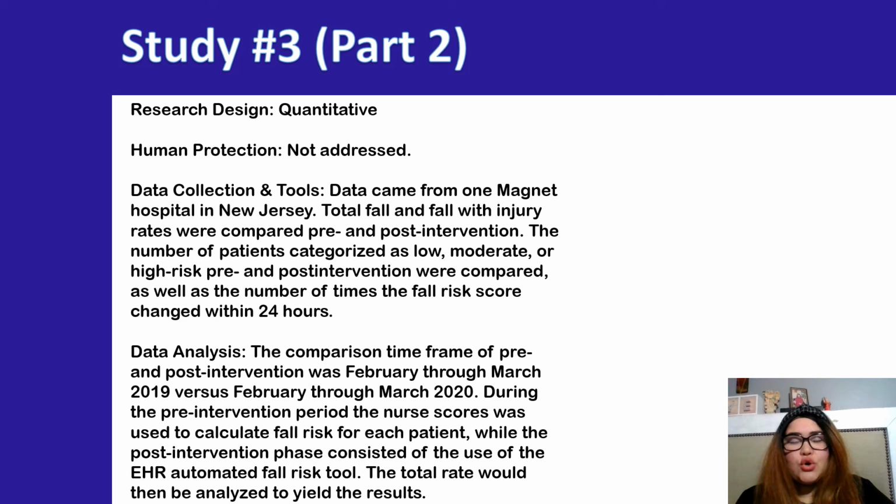It was supposed to be a total of 10-week study, 5 weeks pre by the nurses doing the fall risk assessment, and then 5 weeks post. So in the time frame, the nurses used their original fall risk tool to determine what the patient would fall under, and then 5 weeks later it would be the EHR using the tool.